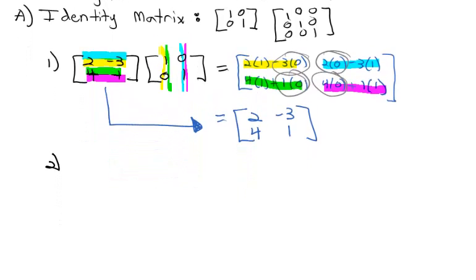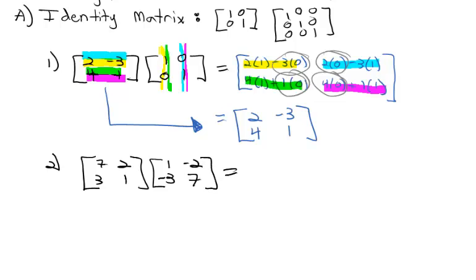Now what's interesting is when we multiply some matrices, for example, if we multiply the matrix 7, 2, 3, 1 by the matrix 1, -2, -3, 7, let's see what we get here.